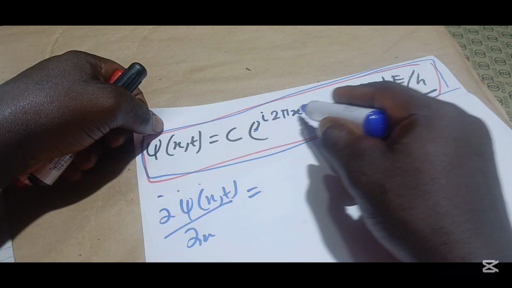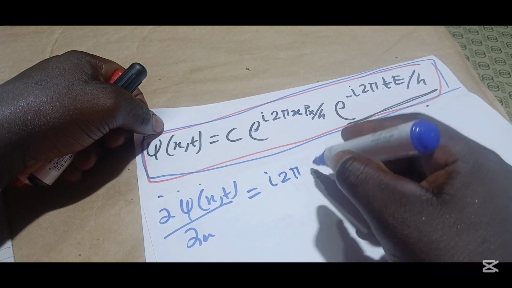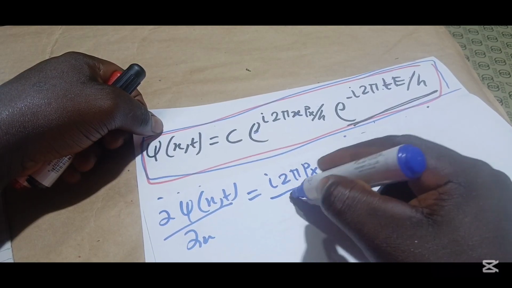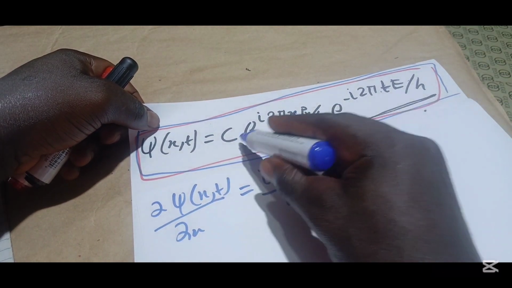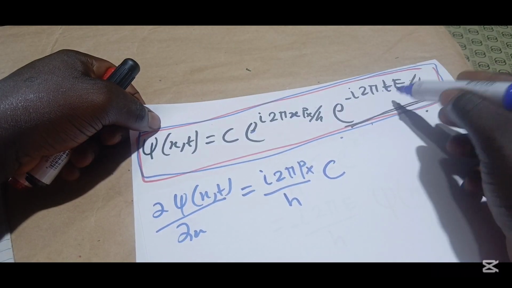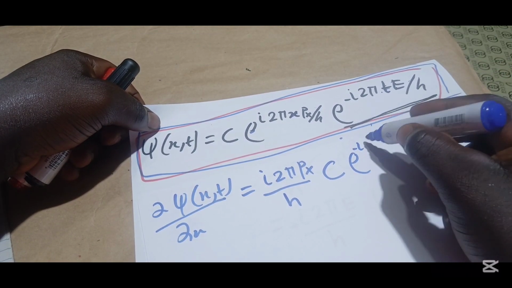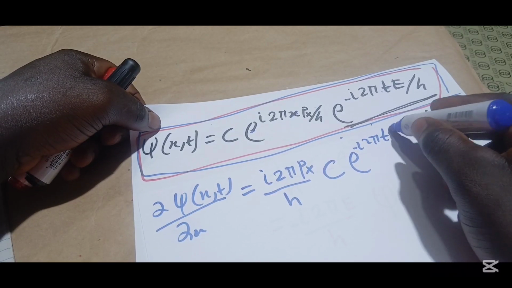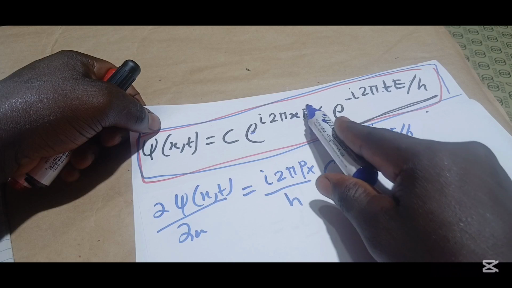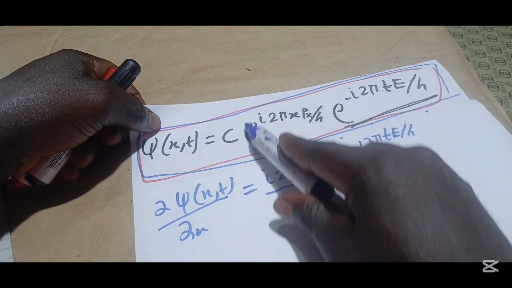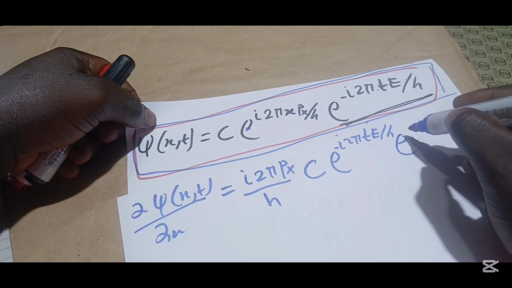So we are just going to write this term here, which is I 2 pi px all on h. Now what is left? We have c there. We don't have x term here. We just write it as it is. So minus I 2 pi t e over h. But don't forget that after we differentiate the exponent, we multiply it by the whole of this. So let's bring it there. I'm trying to arrange it in an order.